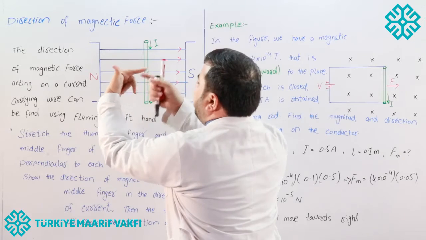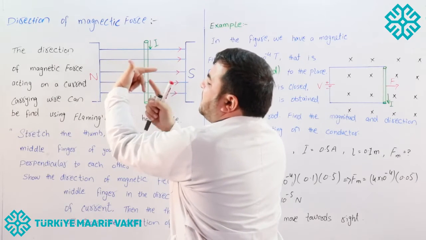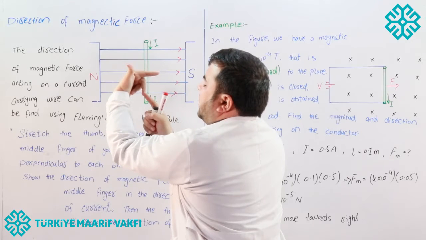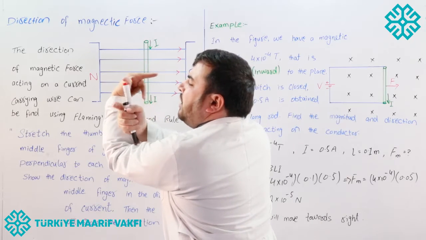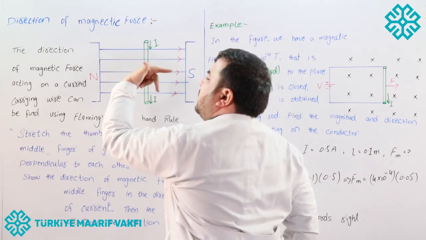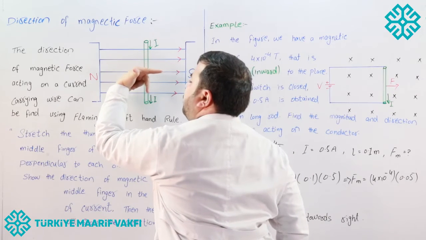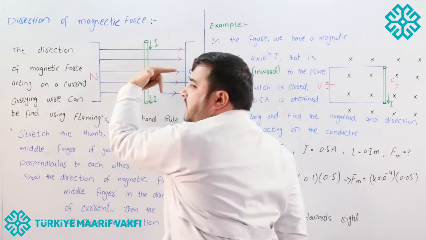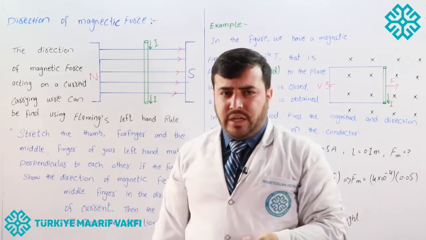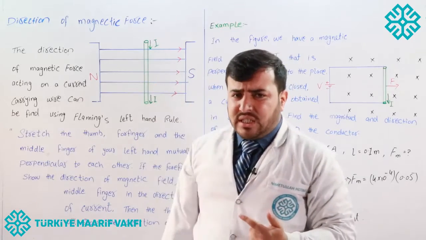The current is flowing from up to downward, while the magnetic field lines go from right to left. The thumb will indicate the direction of the force. Applying the rule here, we find that the force acts outward of the screen.